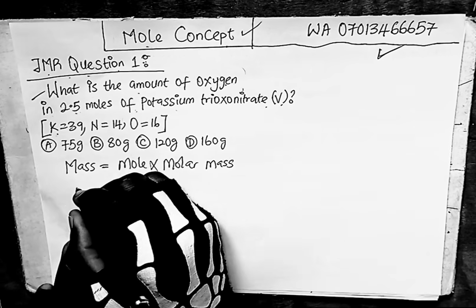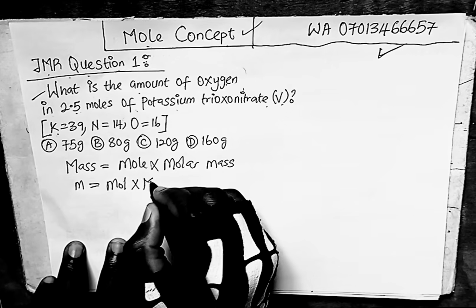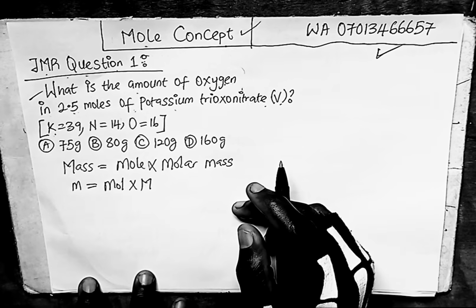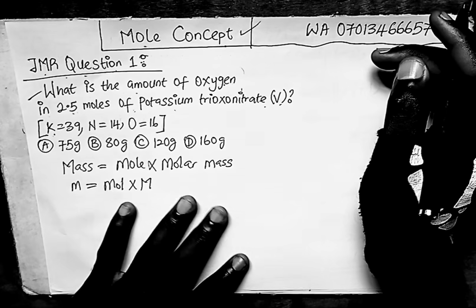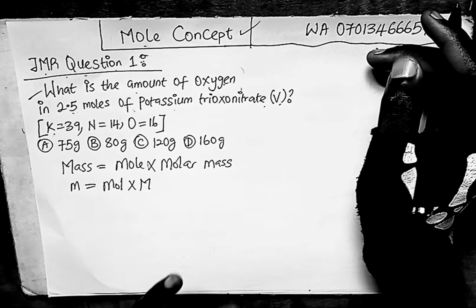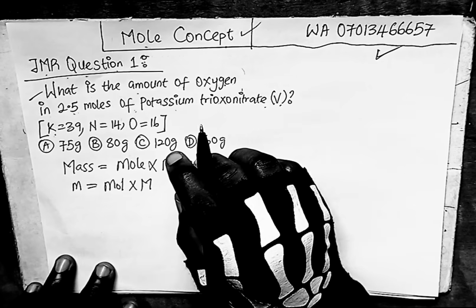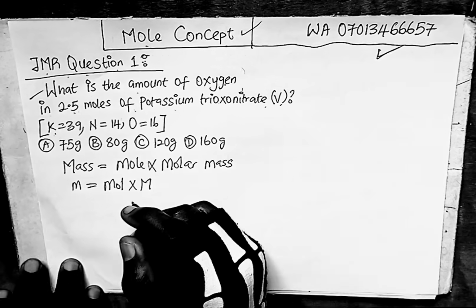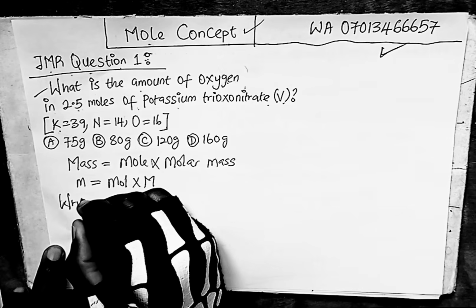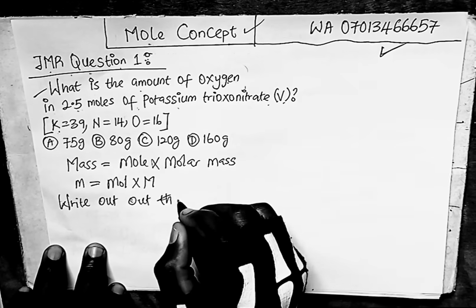So you can write this formula as m equals mole times molar mass, which is capital M. Then if you are solving any question on stoichiometry or molar masses, or you are finding molecular formula or empirical formula, the first thing to do is to write out the formula, then balance the equation. If there's no equation here, it is only the formula we have. So write out the formula, so we know what we are solving.